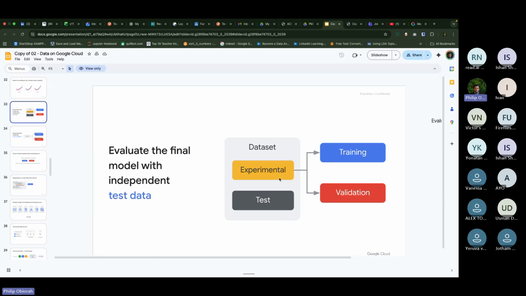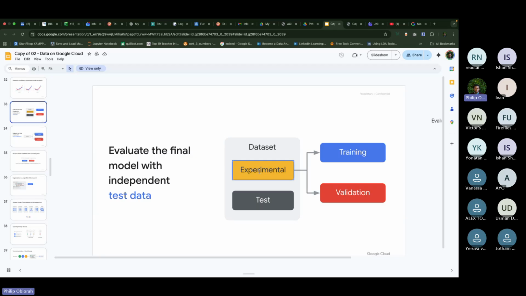You're going to have your training sets, validation sets. This is what you use for experimental. This is your experimental data sets.